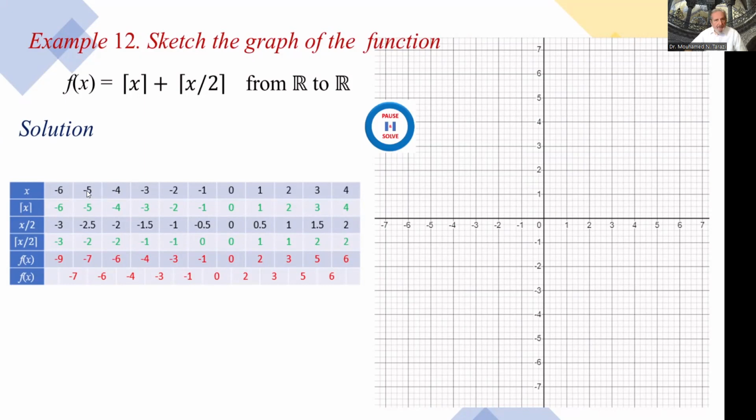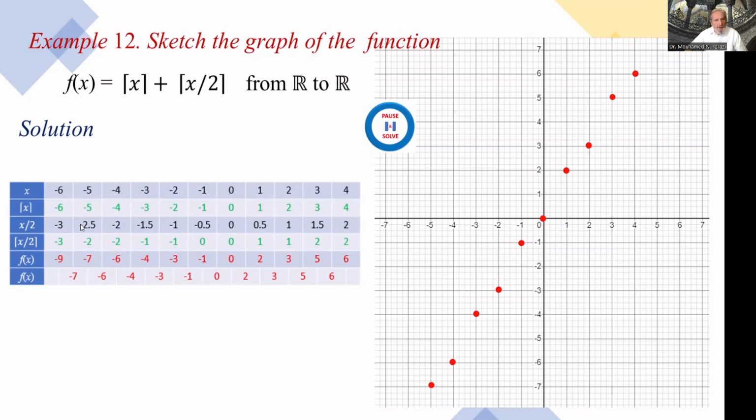When x is -5, I get -7 right here. x is -4, I get -6. -3, I get -4. -2, I get -3. -1, and so on and so forth. We'll keep going. 3, I get 5. 4, I get 6.